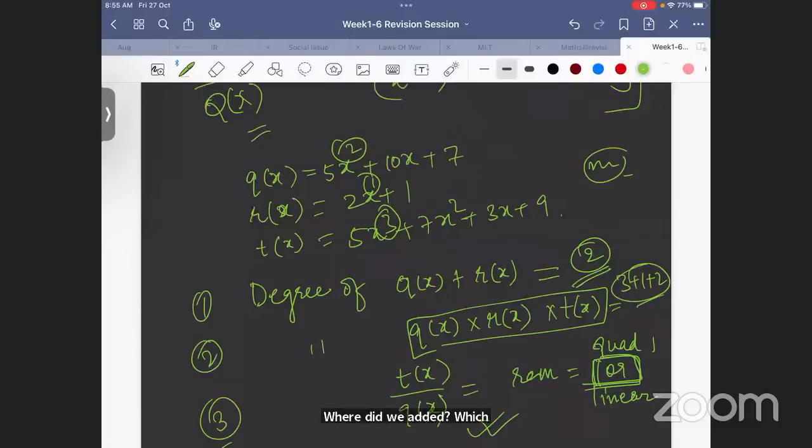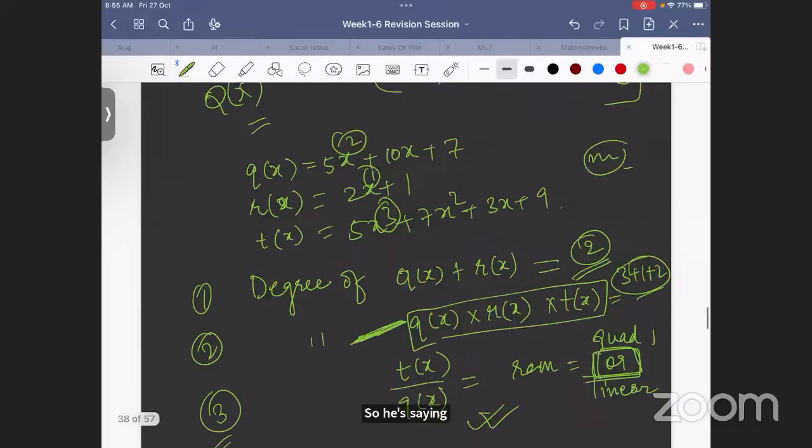Which question? The second option, sir. In the second option you added the highest degree from each function, but in the first you just took the highest degree from Qx.